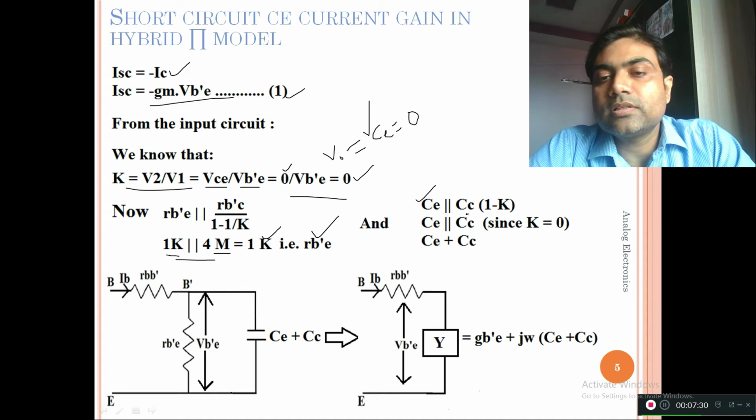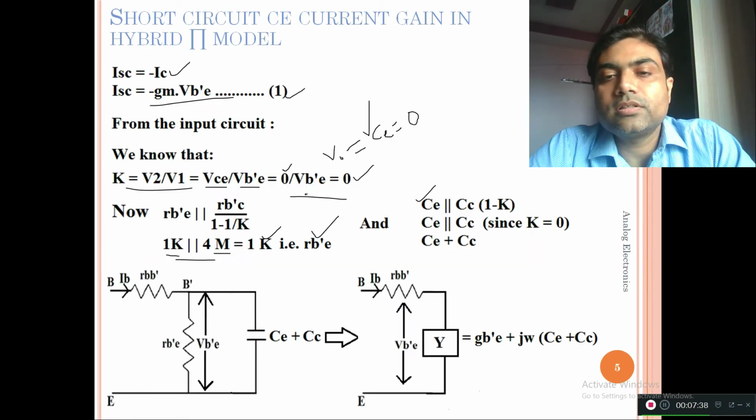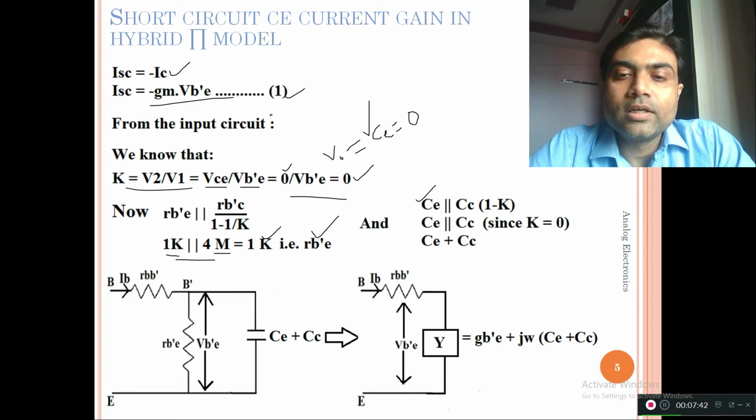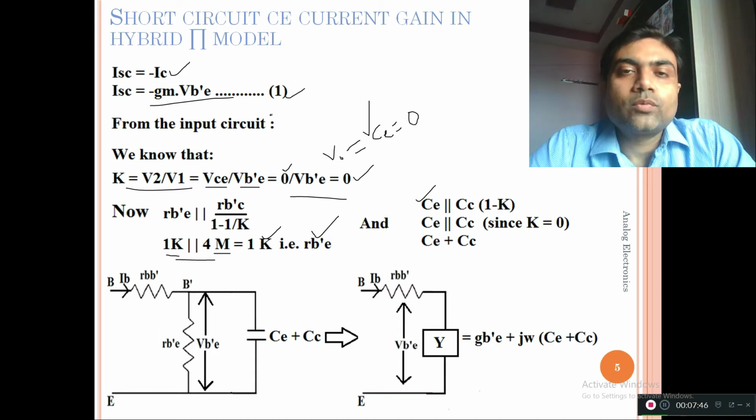CE is in parallel with CC into 1 minus K. Now K is equal to 0 as we have already calculated. Then CE comes in parallel with CC. When these two capacitances are in parallel, they are just going to be added.